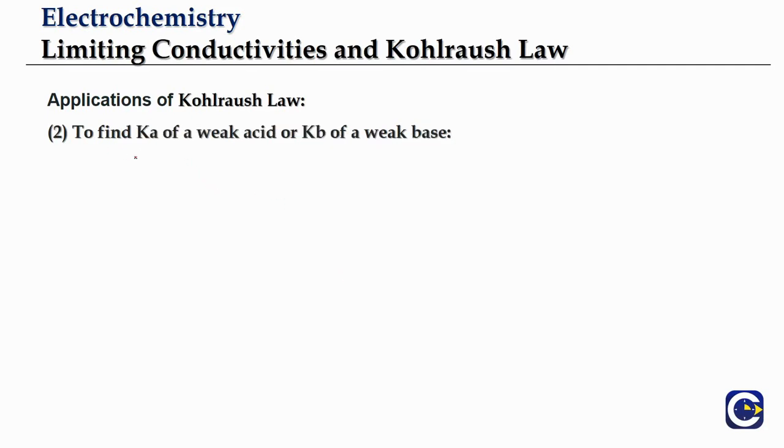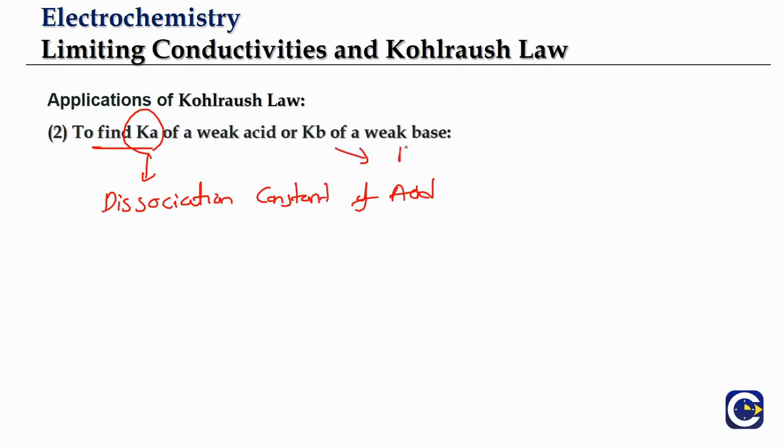This is what we were discussing. Using the alpha value that we already discussed, we can find the Ka. Ka means the dissociation constant of acid. Kb means the dissociation constant of base.